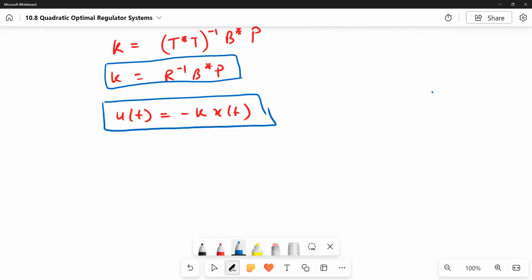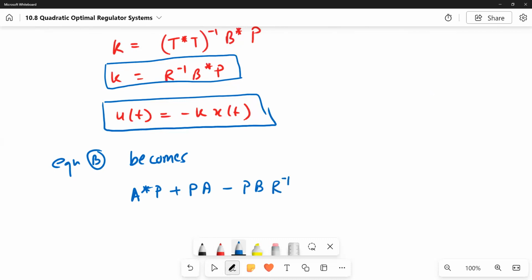Now what is the rest of equation B? Equation B becomes A star P plus PA minus PB R inverse B star P plus Q equal to 0.